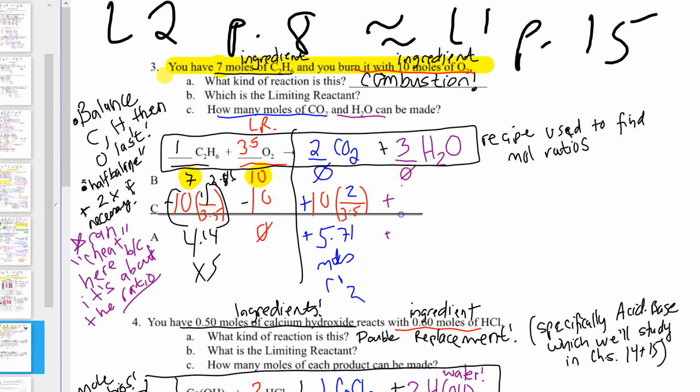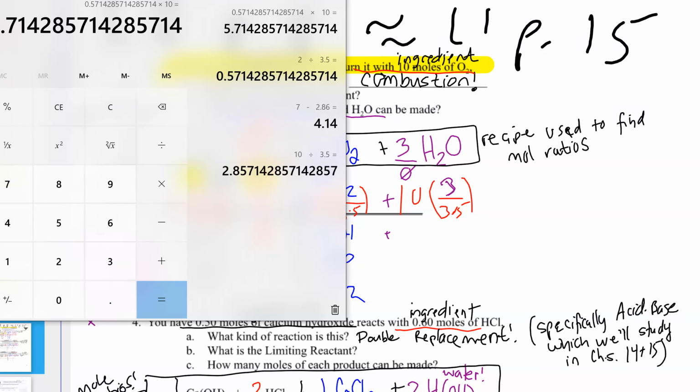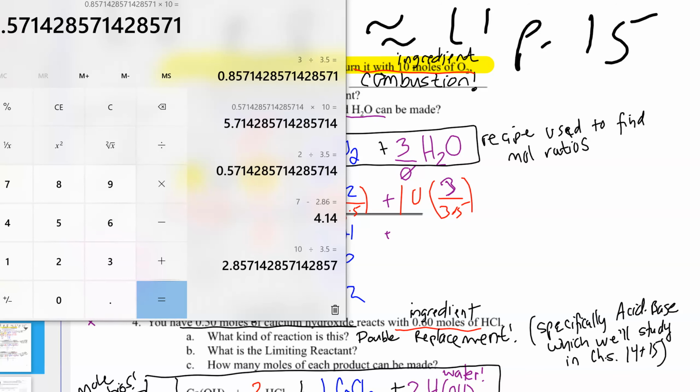And how much water will we make? We're going to be creating 10 times the mole ratio of the unknown water to the known oxygen. We can leave that as a 3.5 times 3. So 10 times 3 over 3.5. So 3 divided by 3.5 times 10, 8.57.